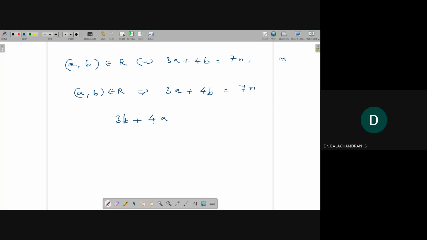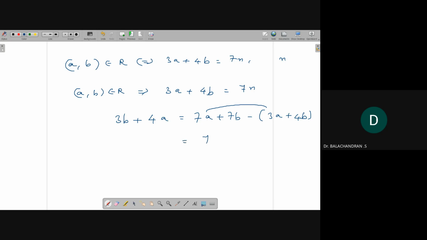So 3a plus 4b equals 7a plus 7b minus, of 3a plus 4b. So what you'll get here? 7a minus 3a is 4a, and 7b minus 4b is 3b. These two are equal.